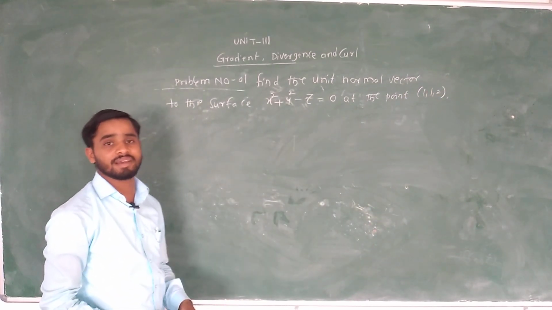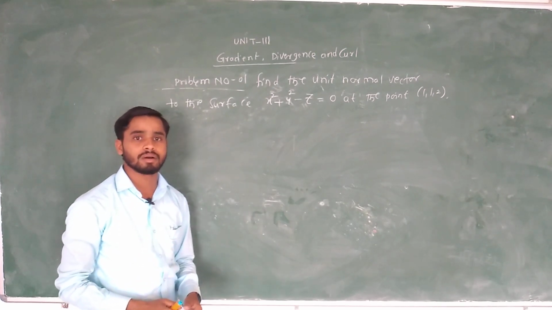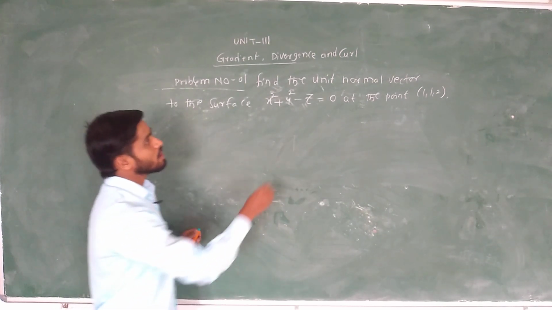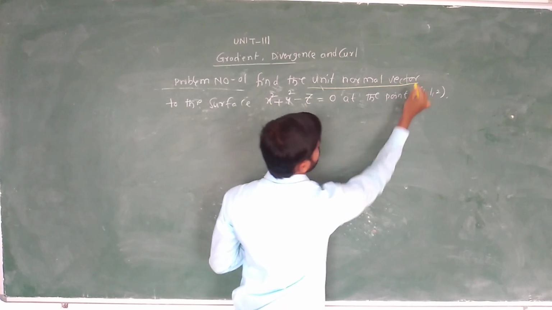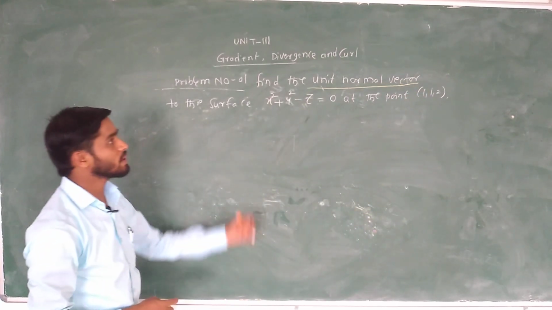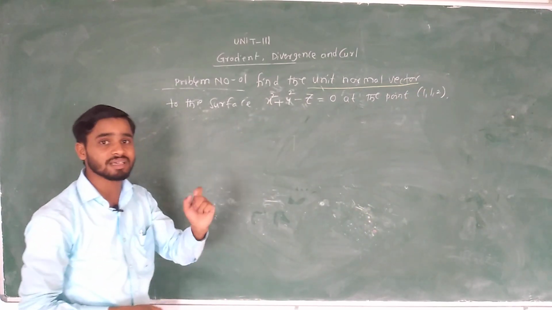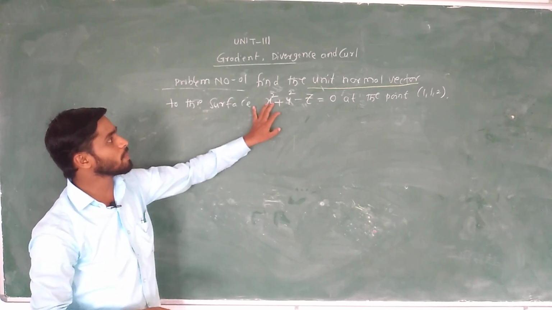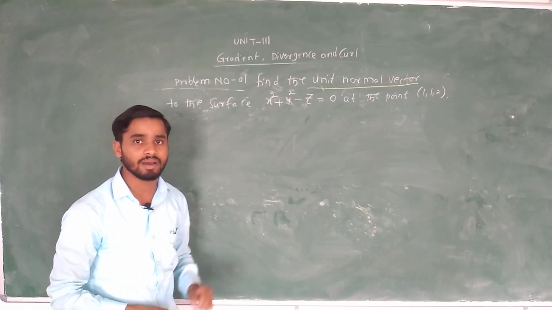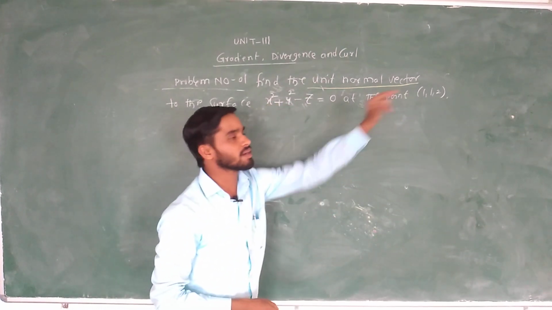This problem is very clearly given to you. We need to compute the unit normal vector to the surface x square plus y square minus z equal to 0 at the point 1, 1, 2.